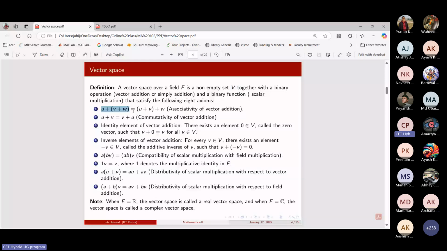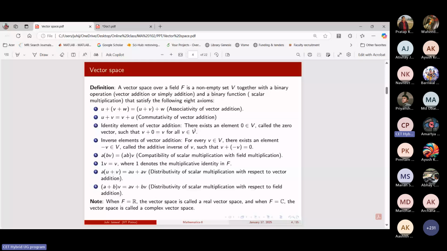The second one says commutativity of vector addition, means u plus v should be same as v plus u. The next one says identity element with respect to vector addition. This means there exists an element 0 in V, which is called the zero vector, such that v plus 0 is equal to v for every v in V.